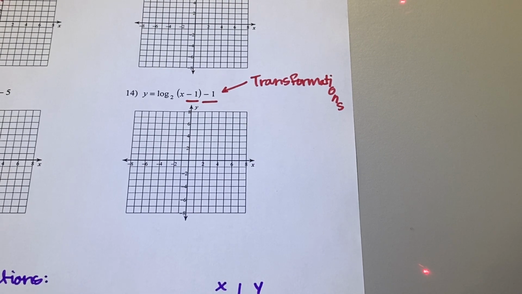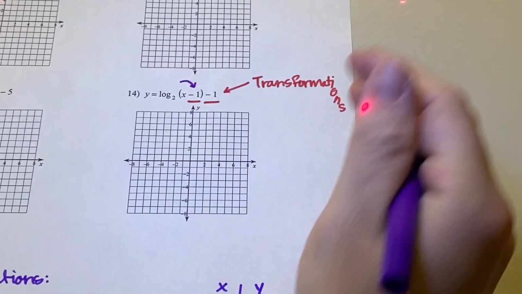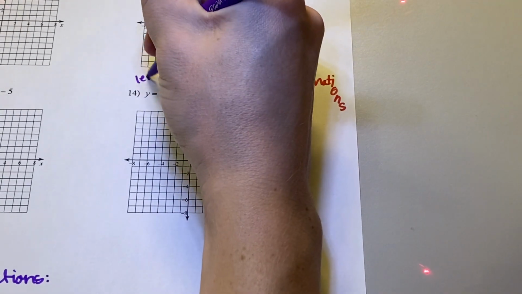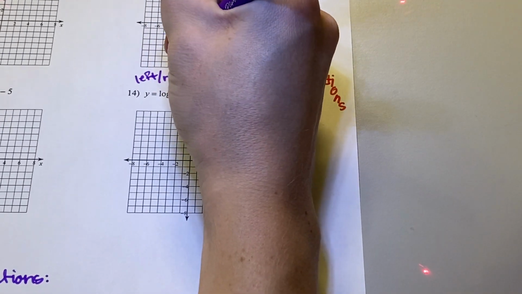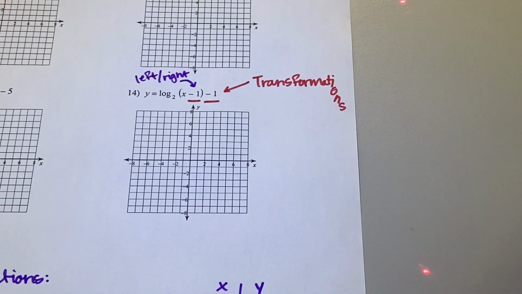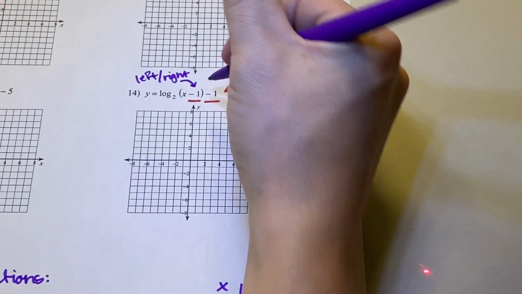So, let's look at inside our parentheses. Whenever you have something inside the parentheses, you're going to move left or right. You're going to take those parent function points that we just talked about and move them to the left or right, depending on what the number is.